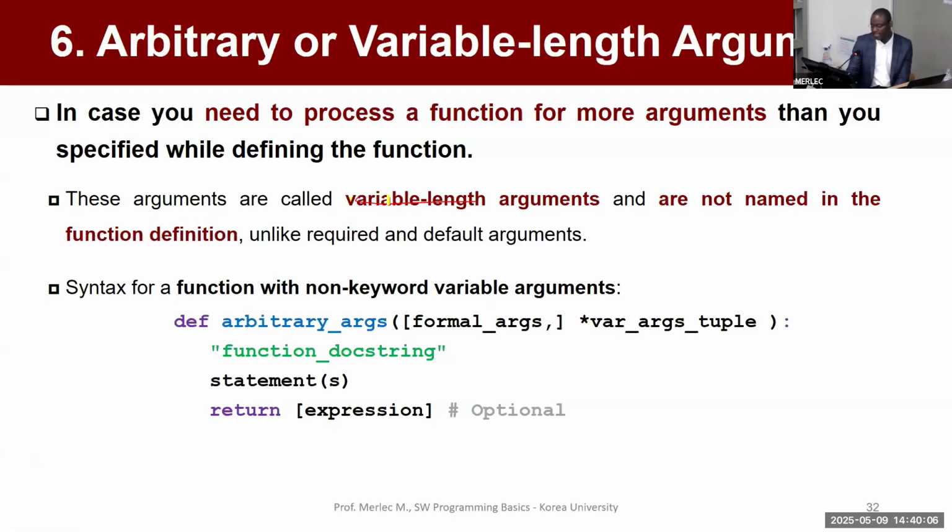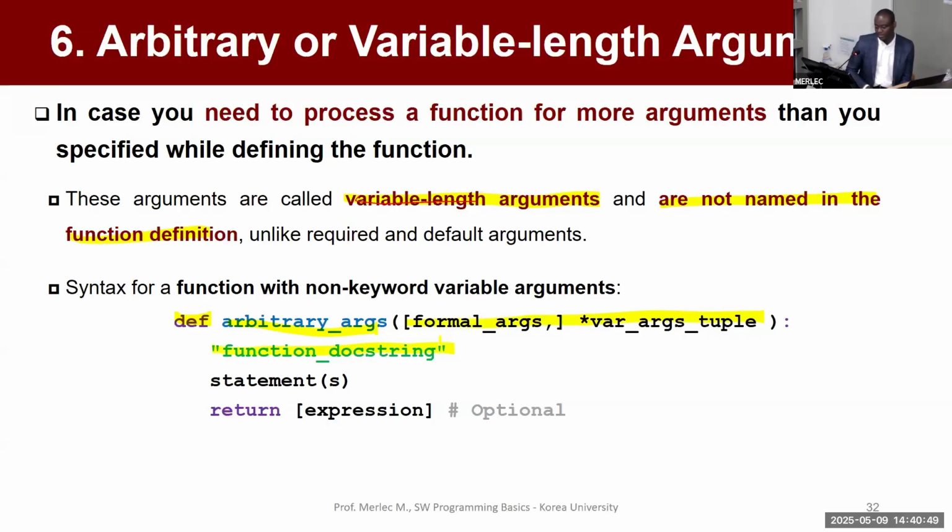Variable length arguments are not named in the function definition, unlike all the other types we have discussed. And the syntax for non-keyword variable arguments, which are unknown, uses the same definition: def, name of the function, and then inside the parentheses you use the star, and then the name of the variable, or the name of the tuple or list, any object that can hold a collection of values.